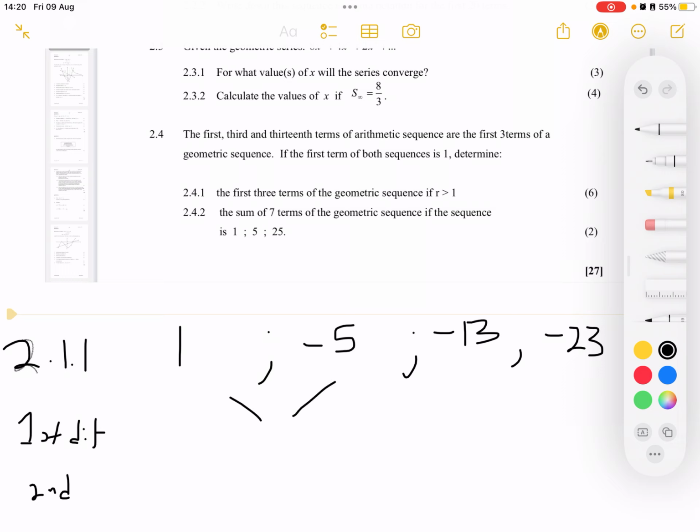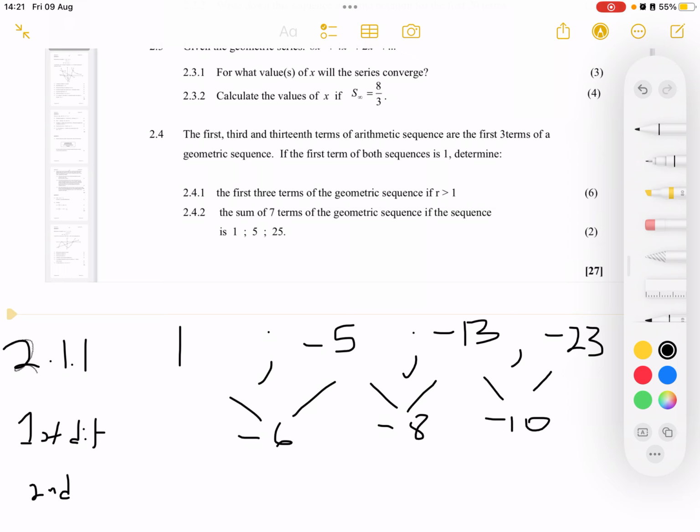So the first here, we're going to say -5 minus 1, you get a -6, and -13 minus -5, you get a -8. -23 minus a -13, we get a -10.